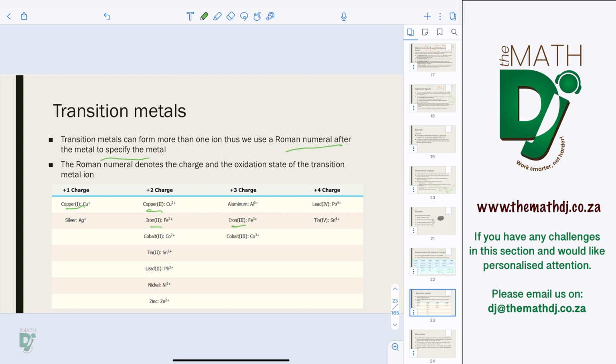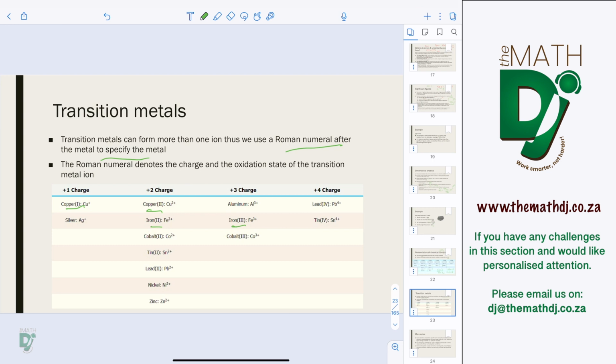Copper can exist as copper 1 or copper 2, and iron as iron 2 or iron 3, as illustrated here. Thus, we use a Roman numeral after the metal to specify it.